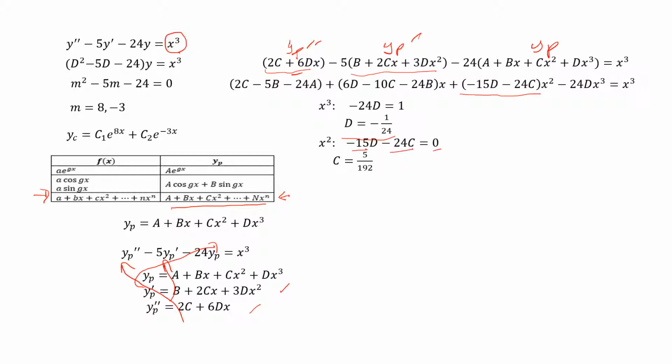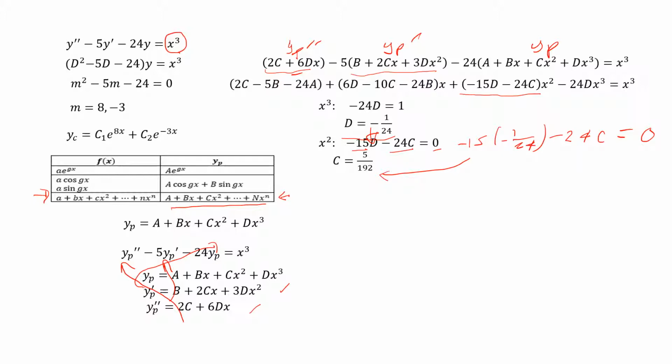What you do is plug the value of d there and solve for c. Negative 15 times negative 1 over 24 minus 24c equals 0, and therefore you get c, which is 5 over 192.